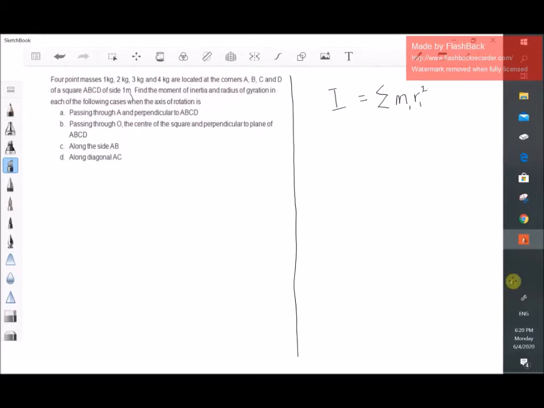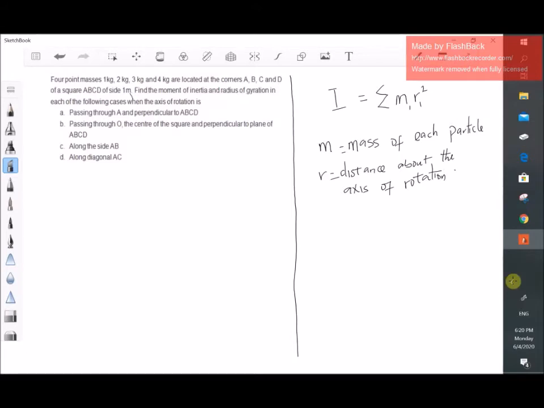M is the mass of each particle, and r is the distance about the axis of rotation. With this we can solve questions regarding moment of inertia.